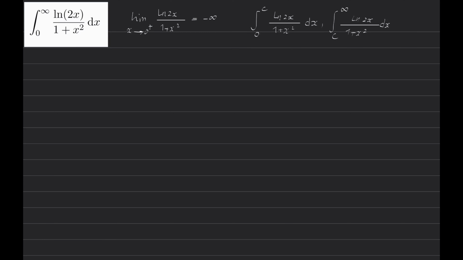But here the goal is not to find the value of the integral because we already did that part. We want to convince ourselves that the method that we used in the previous solution is indeed valid.